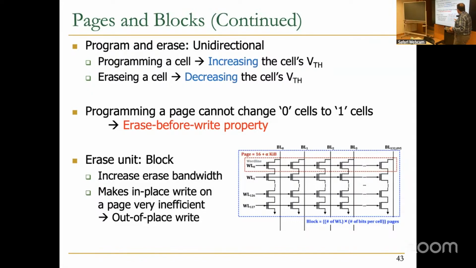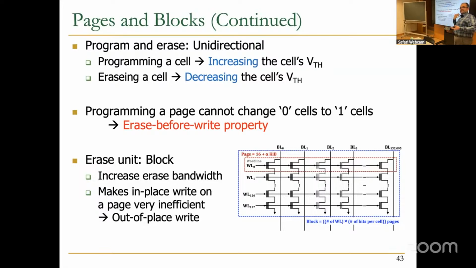Just to give you a clue, assume that you want to do in-place updates. In this block, there is a page that I want to update. I cannot update it; I need to erase everything. But there are some other pages here that are valid, and I shouldn't erase them. So one thing you need to do is copy everything stored here to a buffer, to a DRAM.